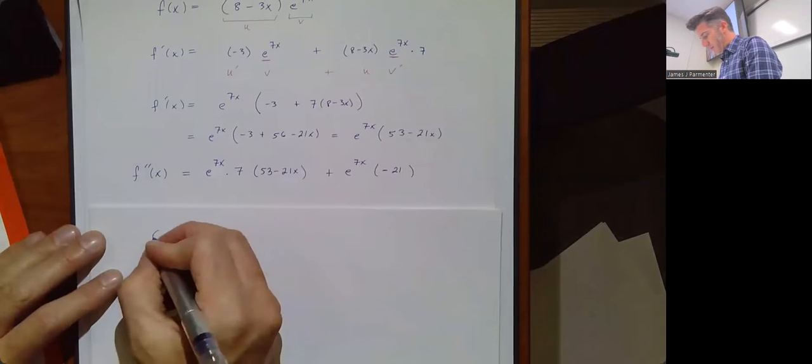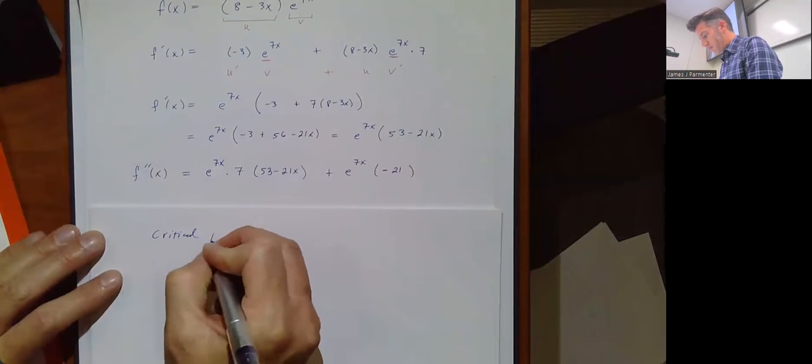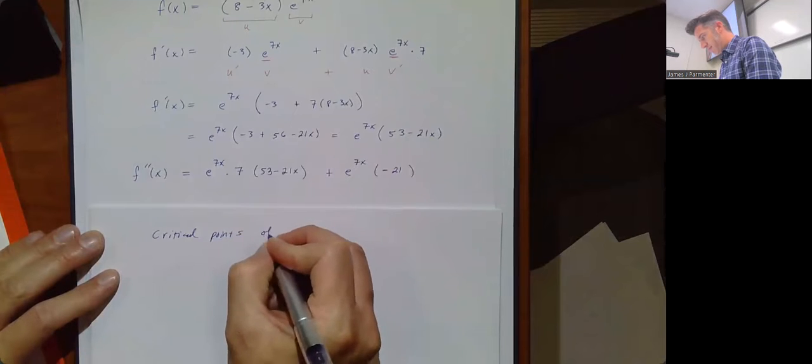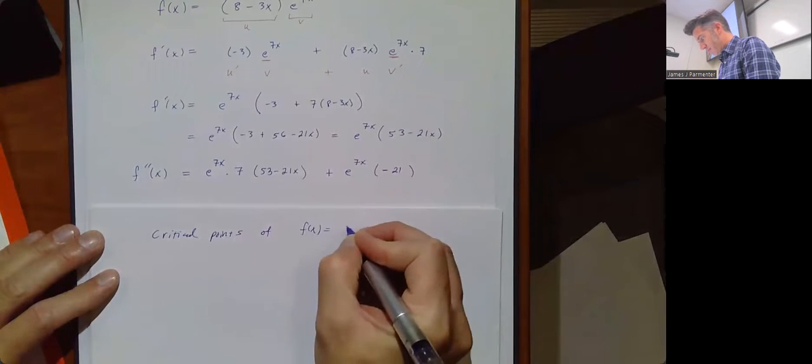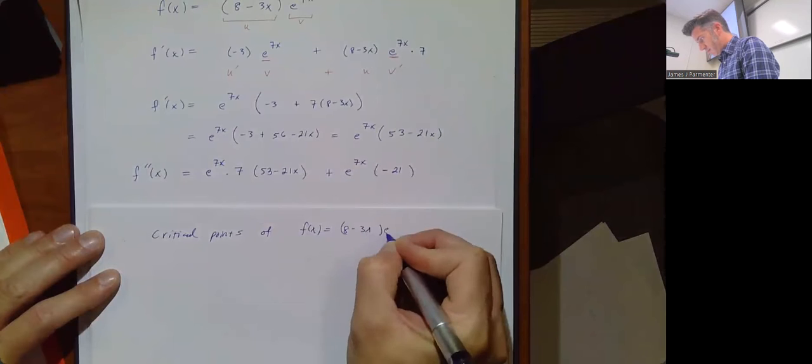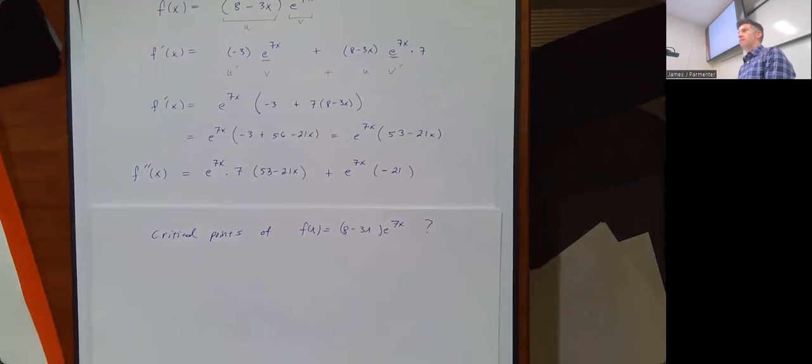What are the critical points of this function? So the critical points, I know it might have been a while since you took the previous quarter of calculus. The critical points are what you get when you find where the derivative is equal to 0.